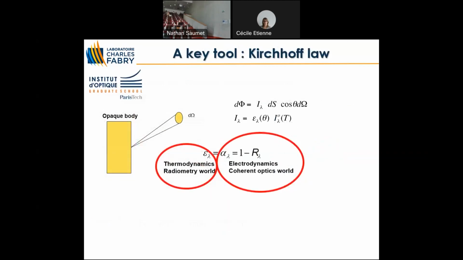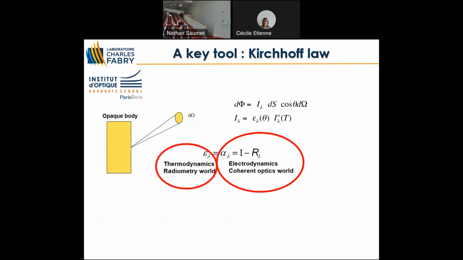So let me go back to Kirchhoff law. We heard about Kirchhoff law. I would like to give you a hint on where this is coming from. The first naive answer is from the paper by Kirchhoff, which you can find on the internet, and I recommend an English translation. It's very nice.